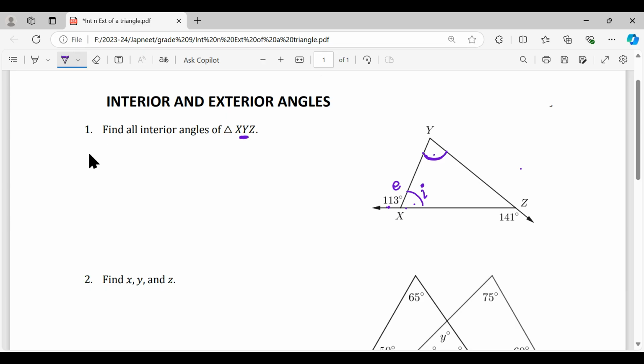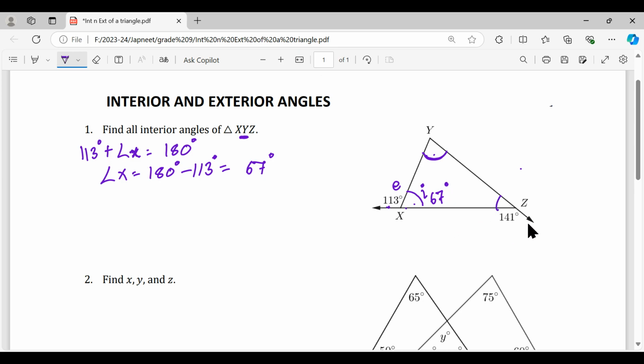So we can do this: 113 degrees plus angle x equals 180 degrees. Following this, you have 180 degrees minus 113 degrees. So you get 67 degrees here. So this one is 67 degrees.